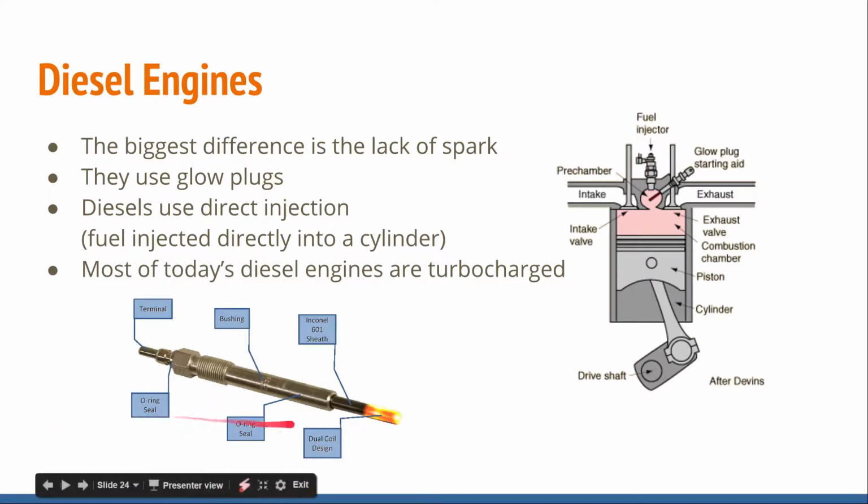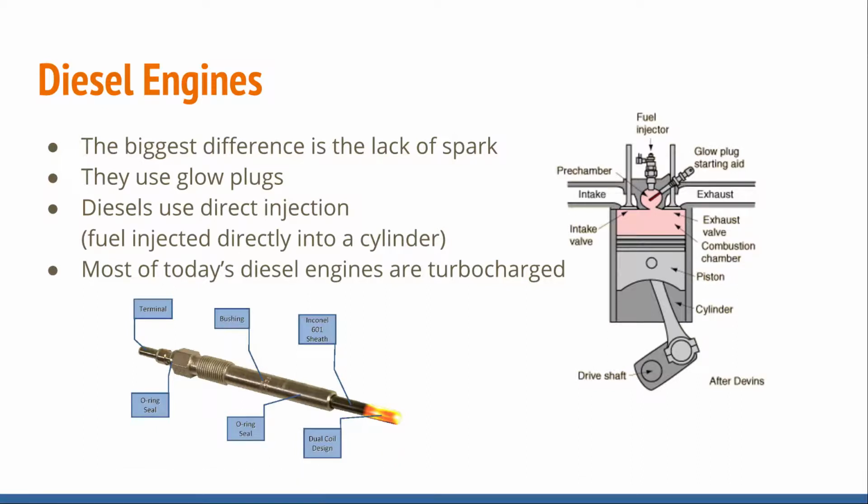In fact, you can really run a diesel if you wanted to without a glow plug, just because the piston brings that air fuel ratio to such a high compression that the heat generated by the compression is actually what fires the mixture. However, they use a glow plug right here, and that end of that glow plug just gets red hot, and so that aids in the ignition.